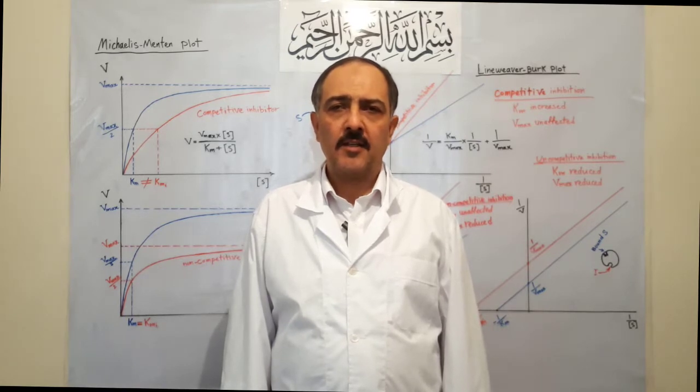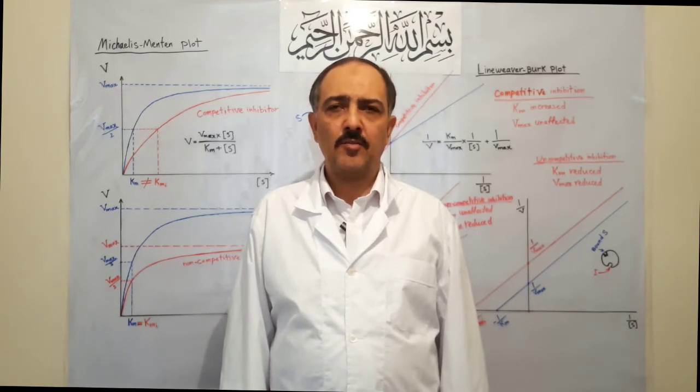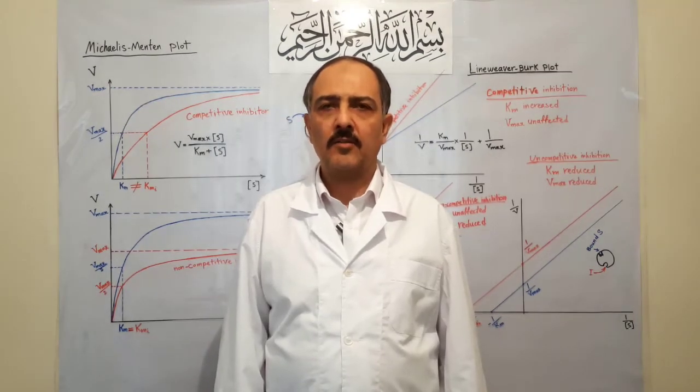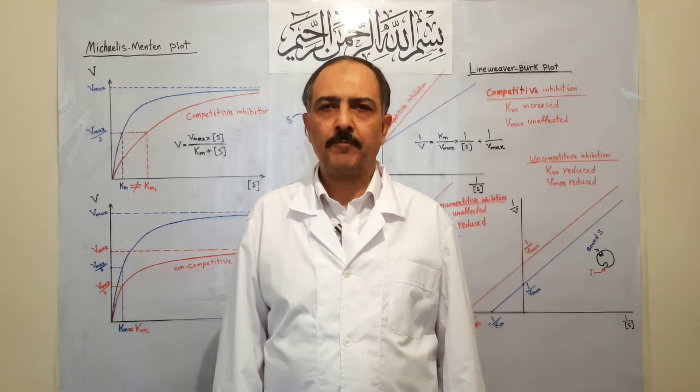Actually, the Km is the substrate concentration at which half of enzyme molecules are forming enzyme-substrate complex. The smaller value of the Km, the higher activity of the enzyme and greater apparent affinity of enzyme to substrate molecule. Today, I want to talk about enzyme inhibition.